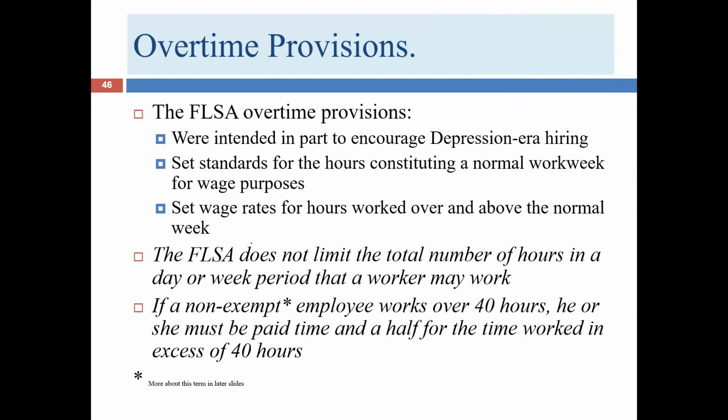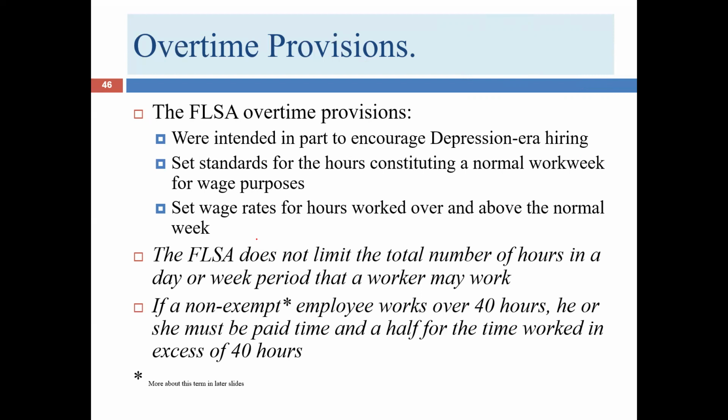Okay, so let's look at why we have the overtime rules that we do. Obviously, this is a function of the Depression, and the desire was to get as many people working as possible. What some employers were doing at that time is hiring relatively few workers, but working them a lot of hours. And that could be disruptive for people's home lives.